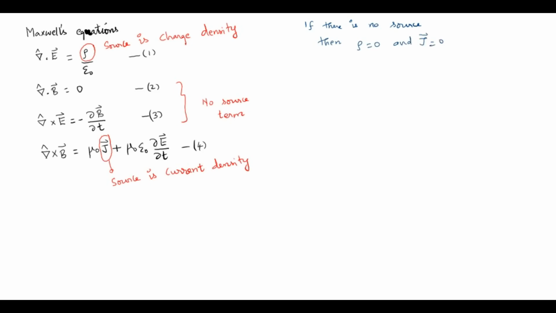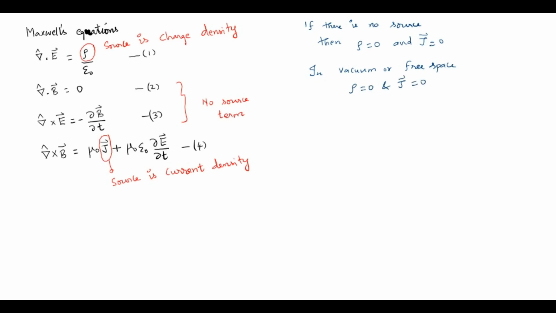J also taken to be 0. That's it. So for example in vacuum அல்லது free spaceல என்ன இருக்கும்? So rho is equal to 0 here and J is equal to 0 here.